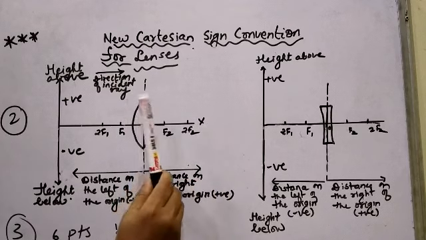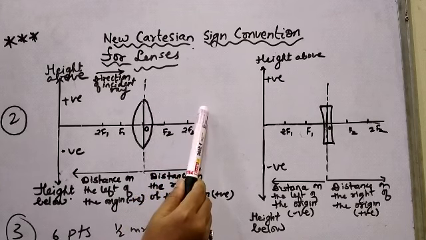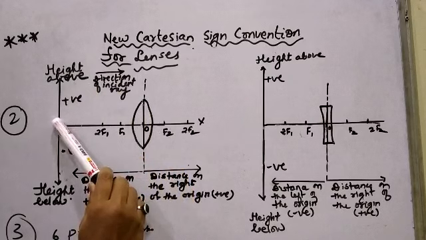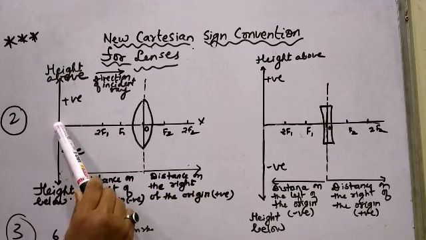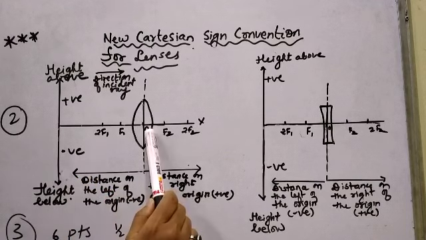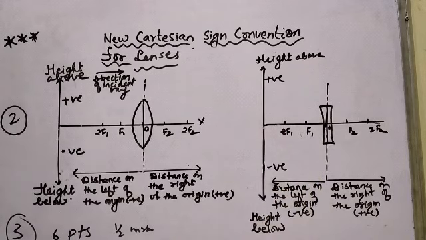Third, the distances which are taken to the right side of the origin are positive. Distances measured to the left hand side of the origin are negative. Distances perpendicular to and above the principal axis are positive. Distances perpendicular to and below the principal axis are taken as negative. Focal length of a convex lens is positive. Focal length of a concave lens is negative.